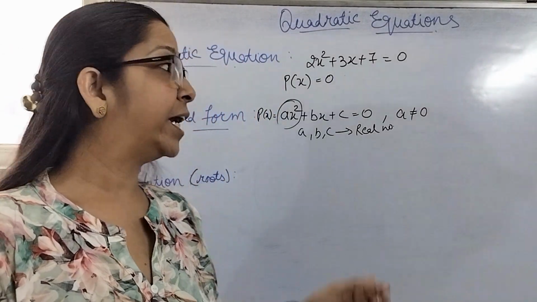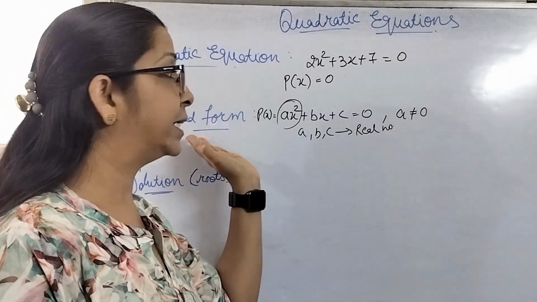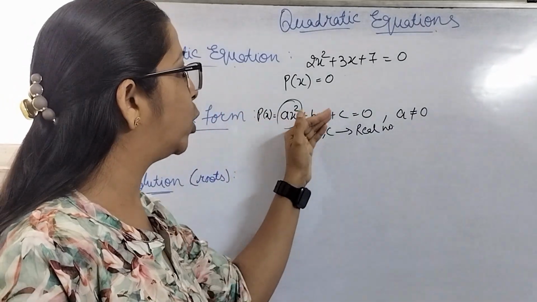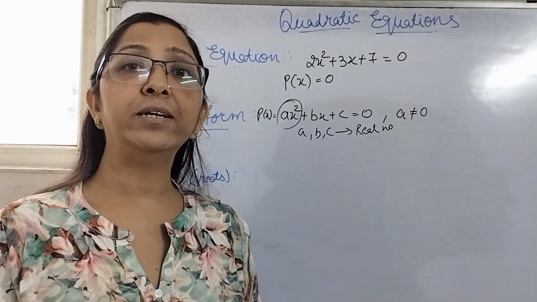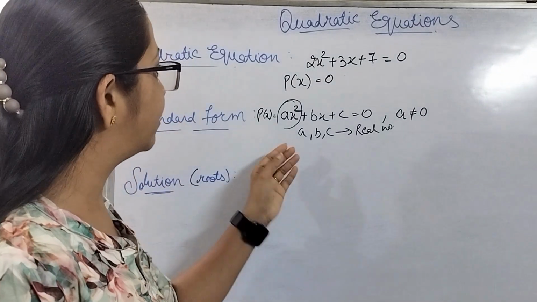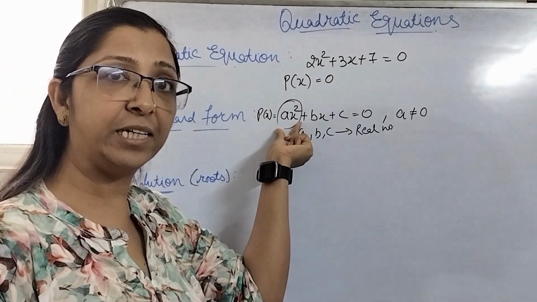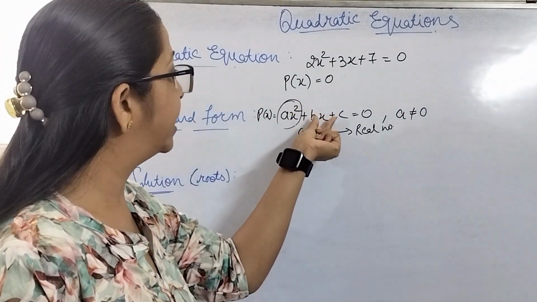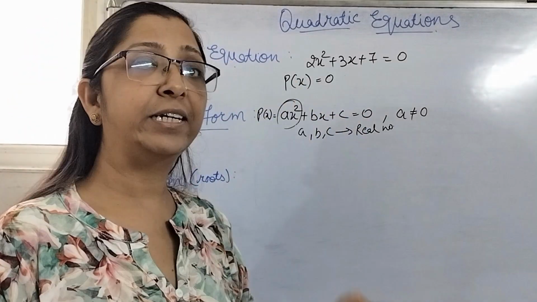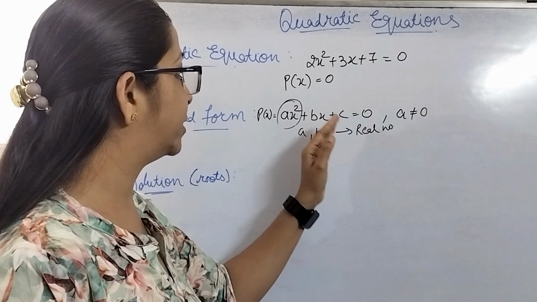For representing any quadratic equation in its standard form, we always need to arrange all the terms in descending order of their degrees. That means initially we take the term with the highest degree, then the lower degree, and then lower still. In the decreasing order of their degrees, we arrange all the terms.